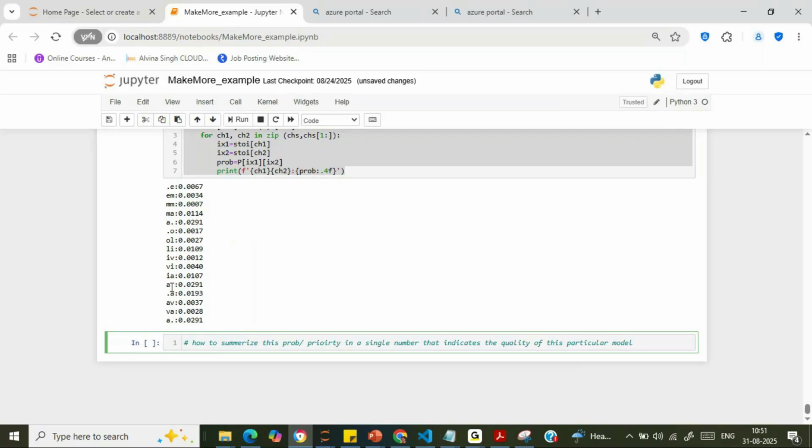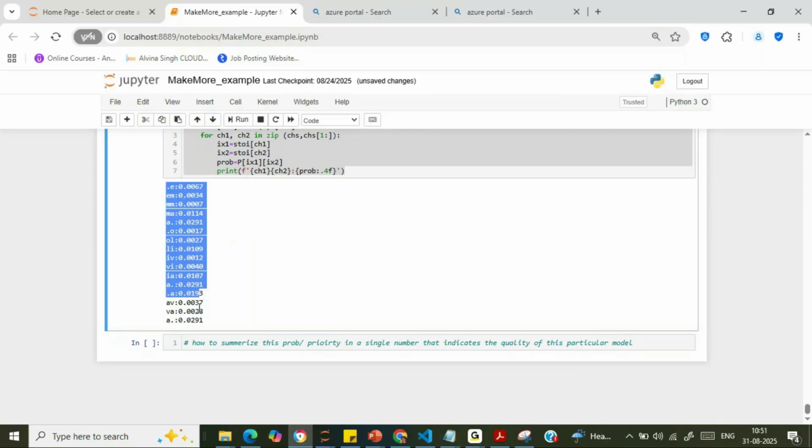Okay, based upon given letters, I'm able to see that this will be the probability of the next letter. But from the model perspective, we do not have the information. So how to do that? That we need to understand.